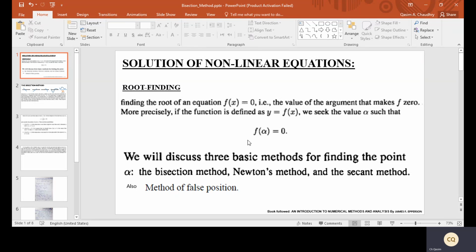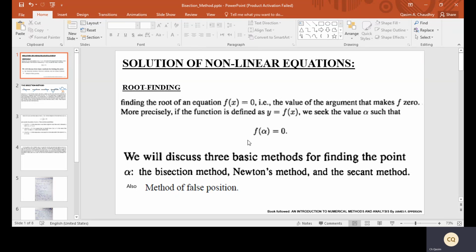In most books, the bisection method, Newton method, and secant method are the main methods considered, because the secant method and the method of false position have a very small difference, but somehow we will talk about this inshallah.